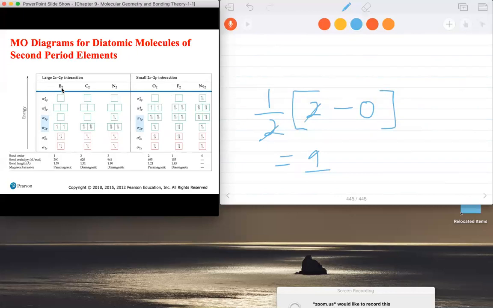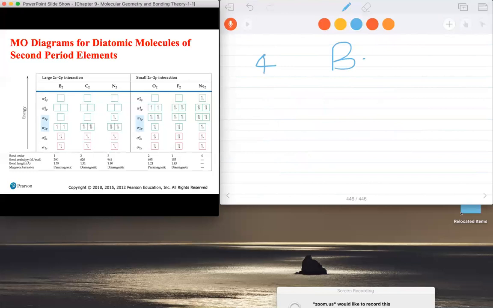If you look at beryllium, beryllium is number 4. And if I have 2 berylliums, that means I have 8 electrons in total.